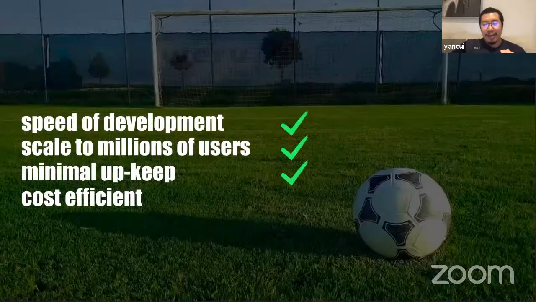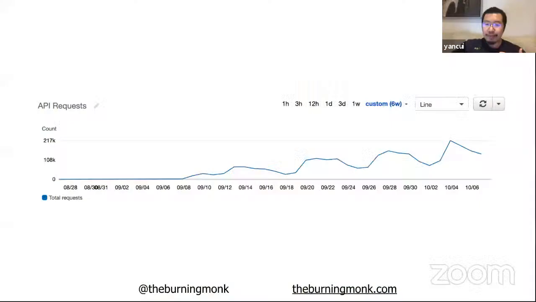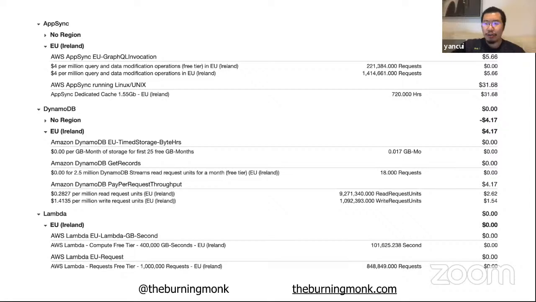And as for being cost efficient, after we went live for about a month and had, I think at that point, 15,000 organic installs, averaging around 150 to 200,000 API requests per day, the AWS bill last month in October was about $60, and most of that was on AppSync caching. And we were only using about 5% of the cache capacity.